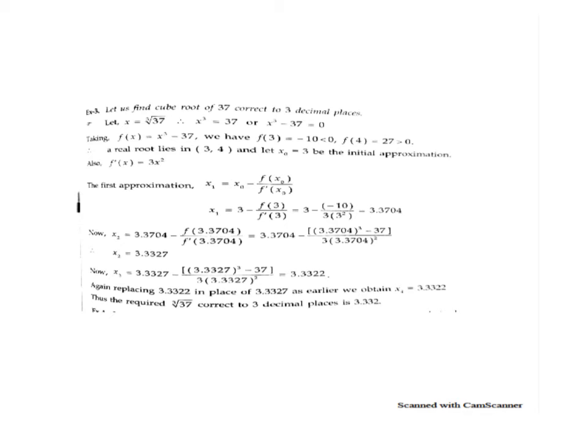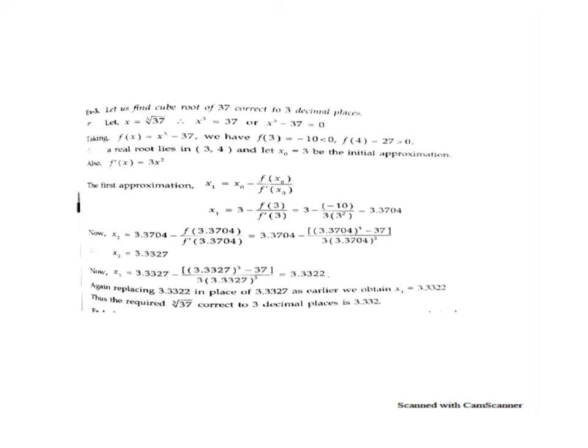That is 3.3327 minus, the function is x cube minus 37, put the value, and then the derivative is 3x square, put the value, and on simplification we have it as 3.3322. Now you can compare x2 and x3.